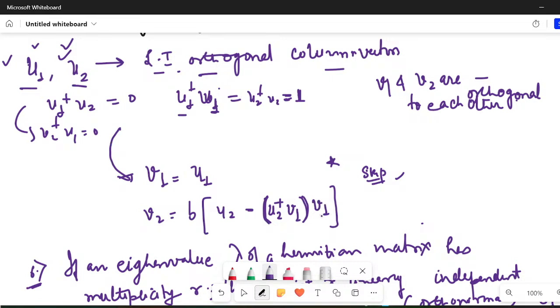I will have to check it, but right now I have written u2 dagger u1 times v1. I will also urge you to confirm this particular thing. Because whatever I wrote, I thought it was not right, so this is what I think right now. We'll see it tomorrow also.